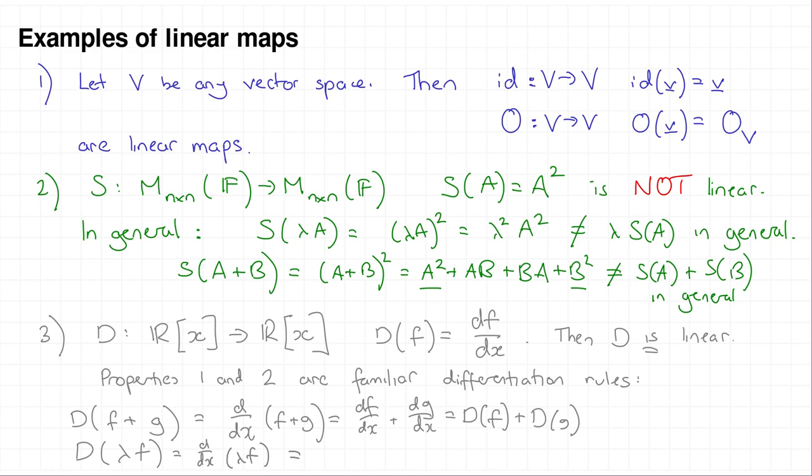And again, a familiar differentiation rule tells you that a derivative of a multiple of a function is just that multiple of the derivative of the function. So the fact that D of lambda f is equal to lambda times D of f for any real number lambda is just a standard differentiation rule. And so this differentiation map obeys both of the properties in the linearity definition, and therefore it's a linear map.